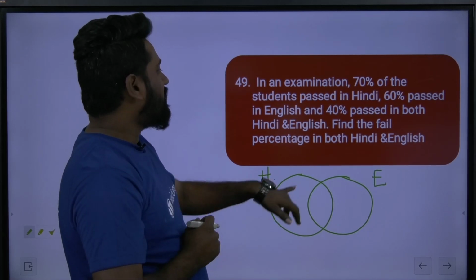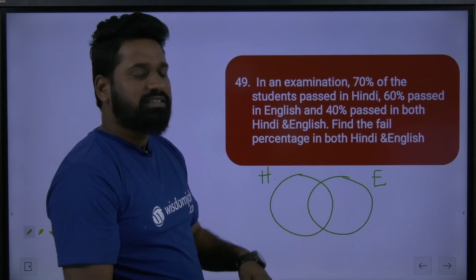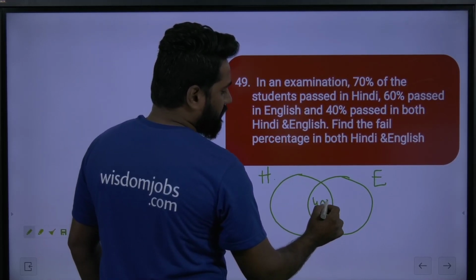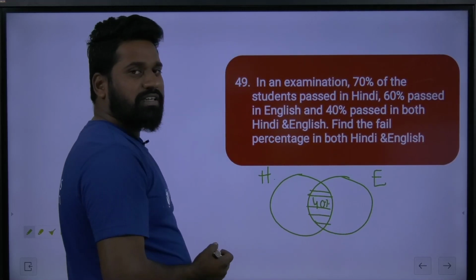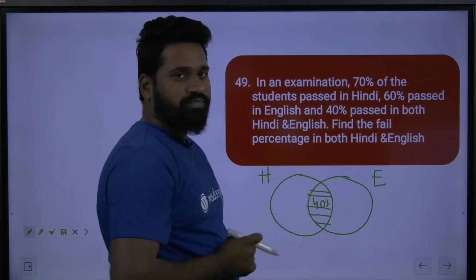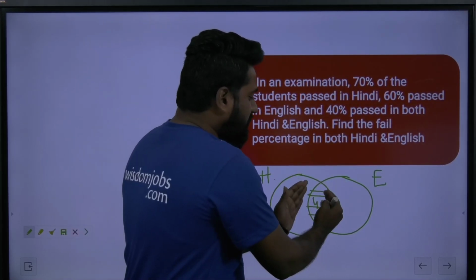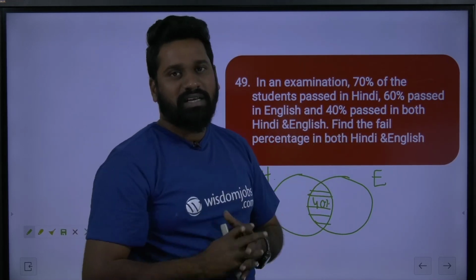Coming to here, 40% of the students passed in both Hindi and English is given. Suppose we can take this is 40%. Because this is the portion which is the intersection of both Hindi and English. That means this portion of students passed in both Hindi as well as in English.